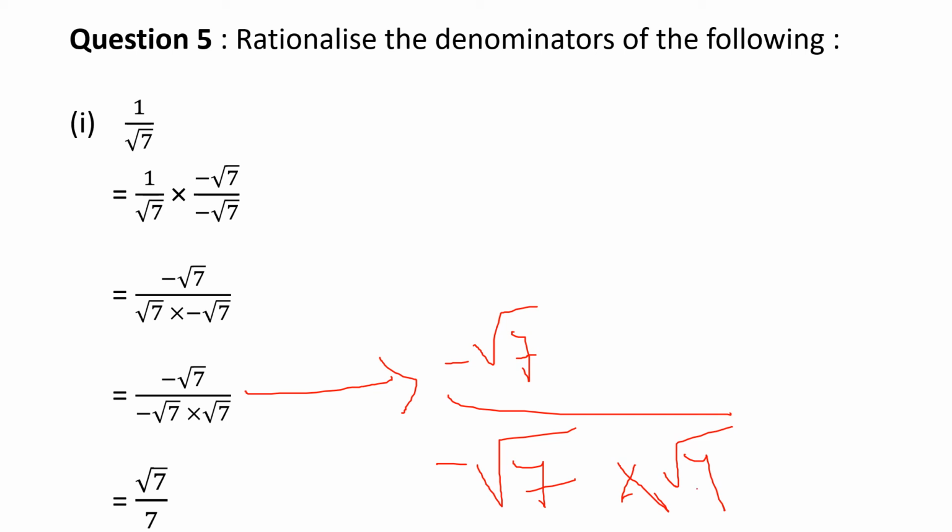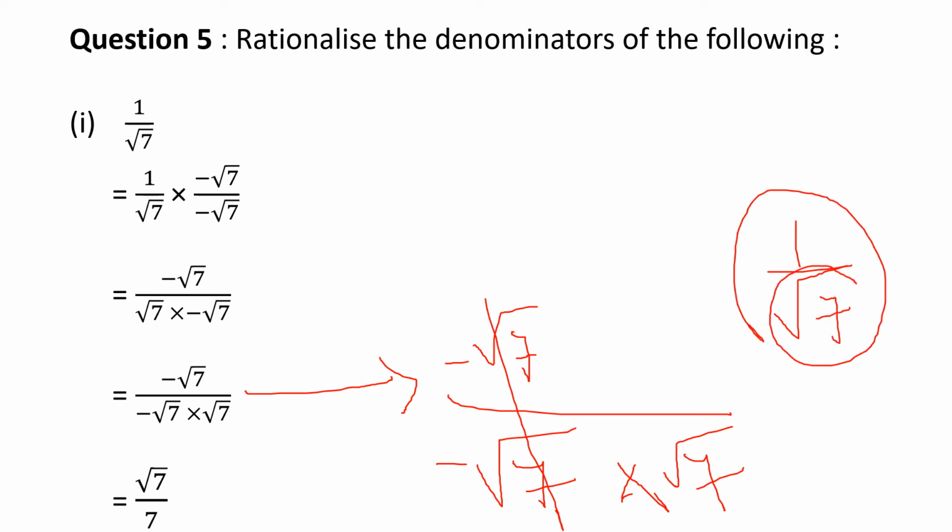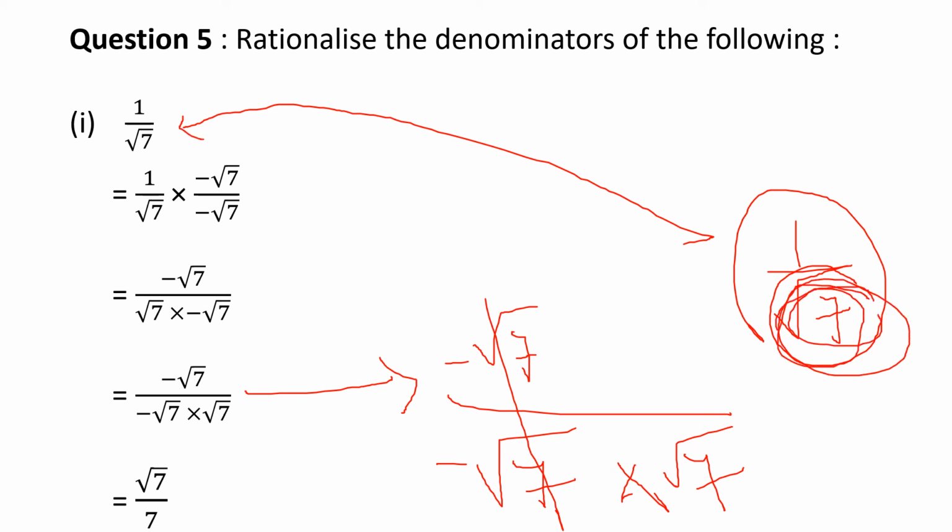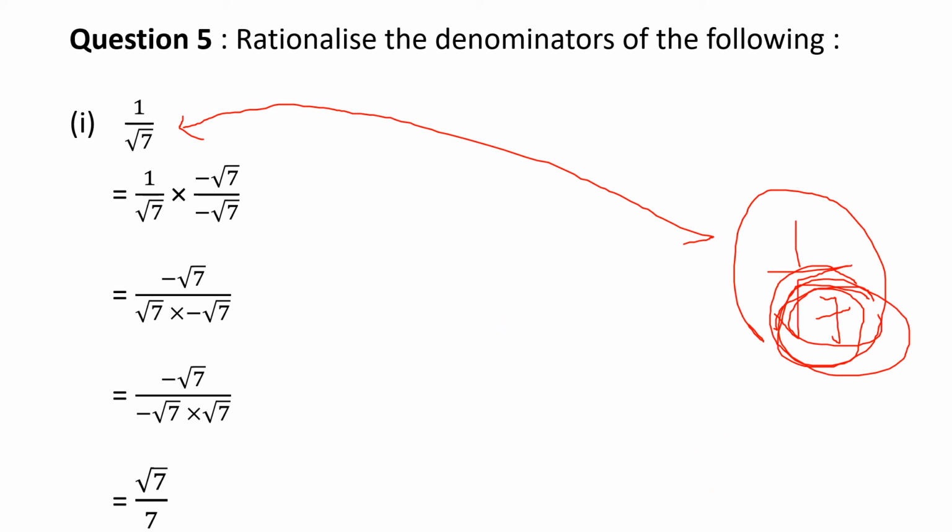So what will they do? They'll cancel this 7, okay, and they'll write 1 by root 7. Now look at the answer. 1 by root 7, is it the same as the question? Yes, it is the same as the question. Now this, is it a rational number or irrational number? Irrational number. So can you say that you have made any change? No. So please do not do these kind of stupidities in your exam, okay?